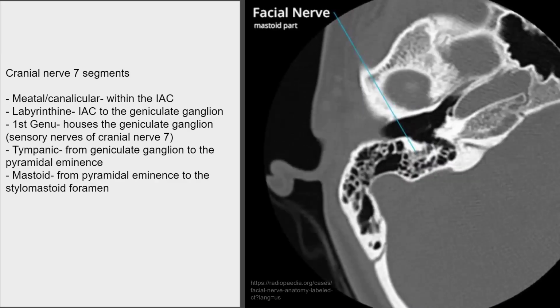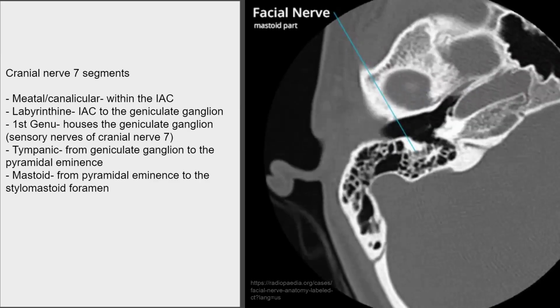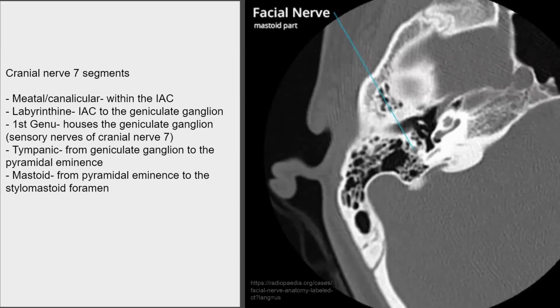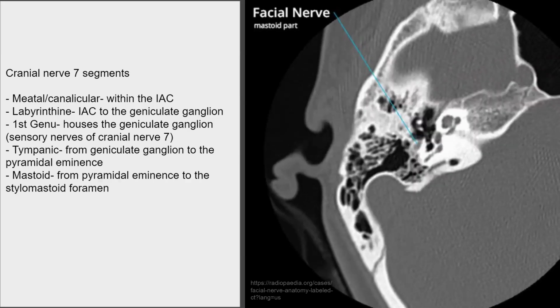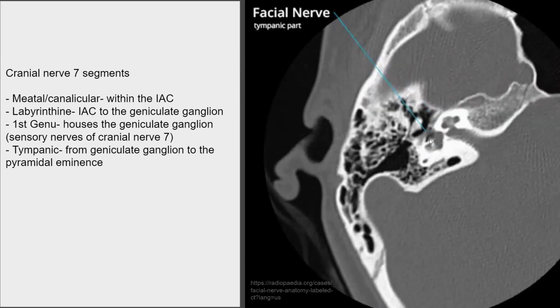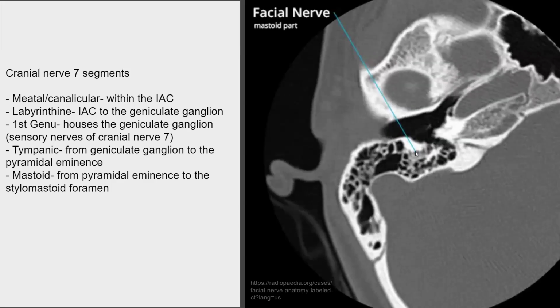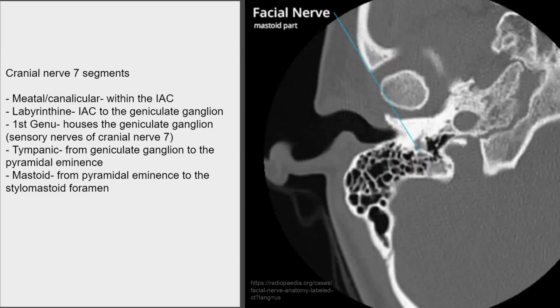Going from this parallel to perpendicular orientation is where we have a genu going from one part to the other. But more importantly, now we're going from the tympanic segment, which is next to the tympanic cavity, to the mastoid segment, which is right next to the mastoid air cells. And so that's the way I remember it.